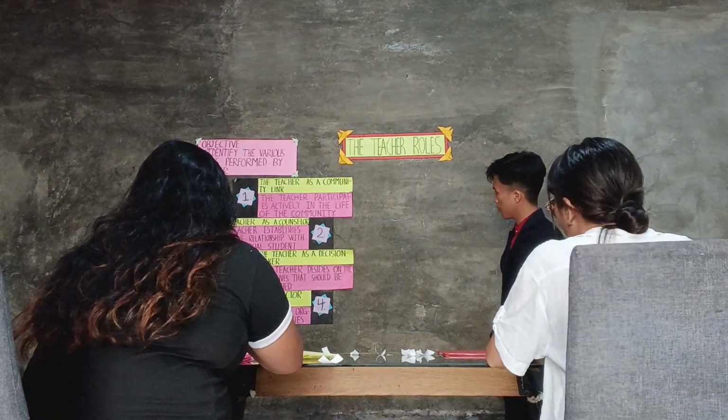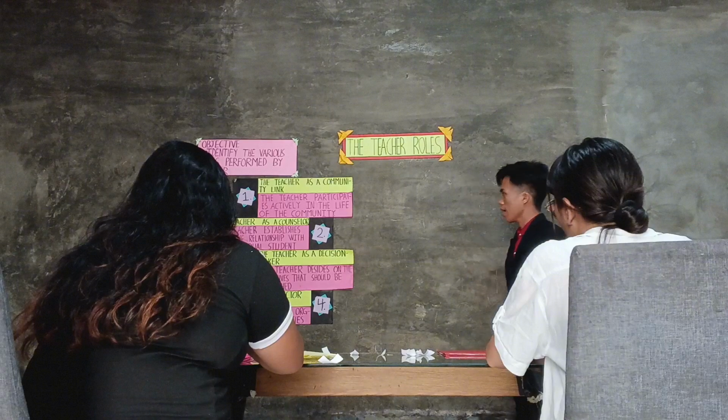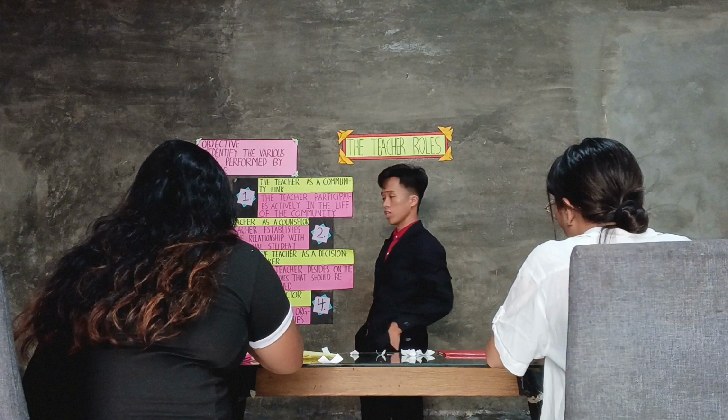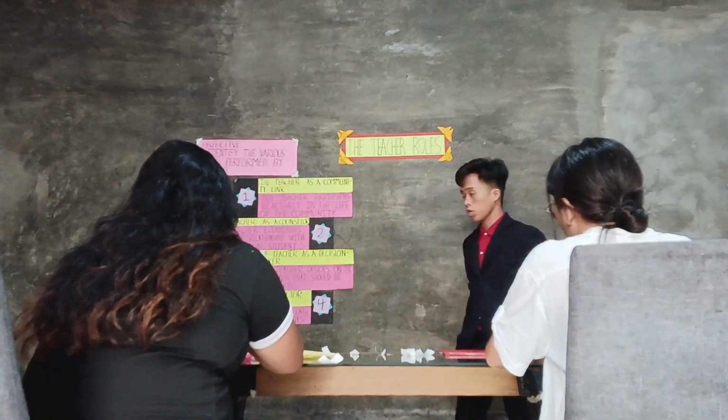The teacher participates actively in the life of the community. So that is the first role of a teacher. So the teacher should participate in the community.